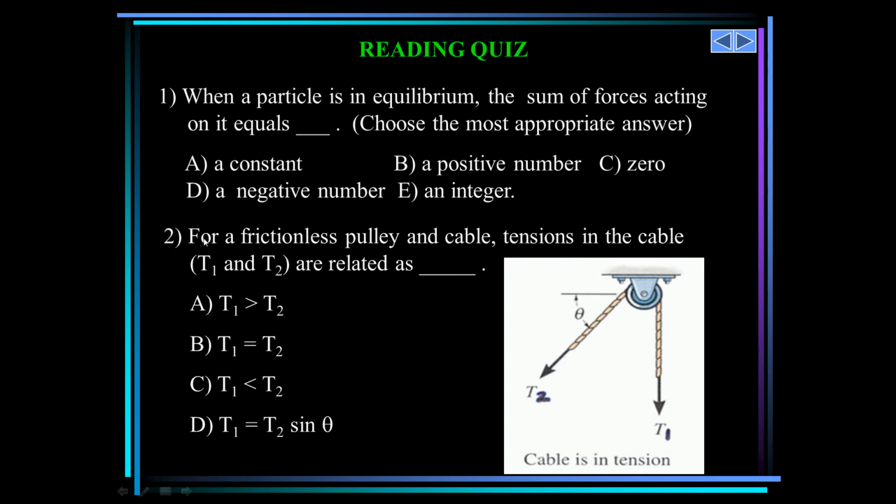The second one is for a frictionless pulley: the cable tensions T1 and T2 are related as what? They are equal, so the answer will be B. Why? Because the tension in the cable acts along the cable, therefore T1 will be equal to T2.